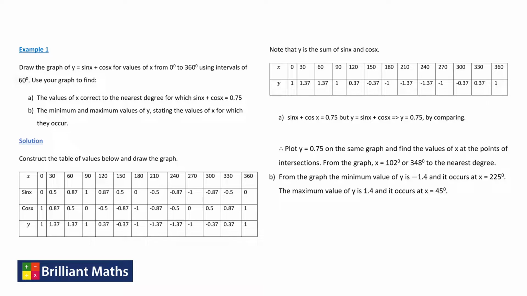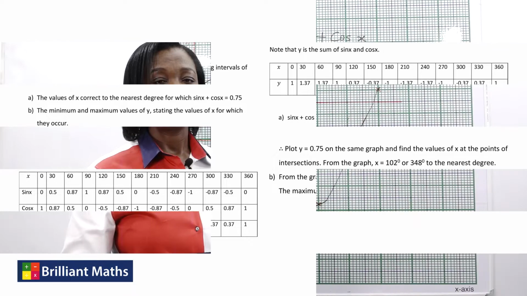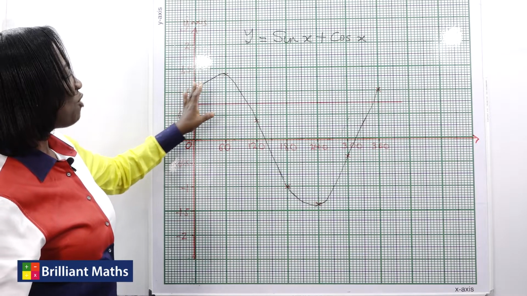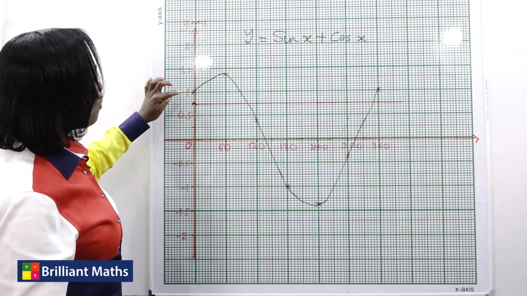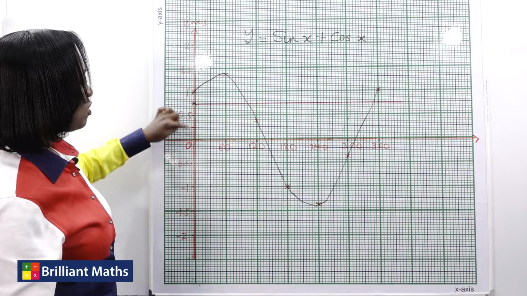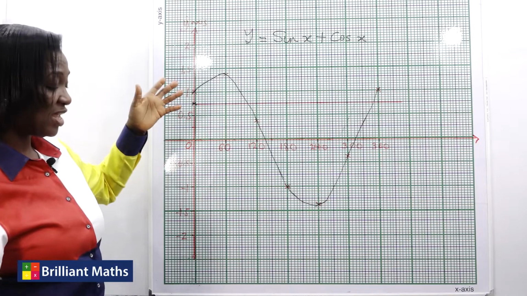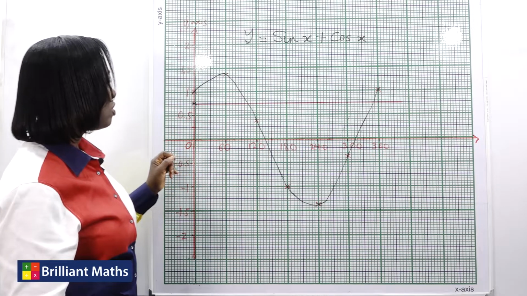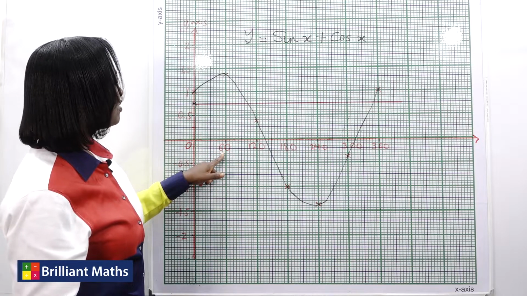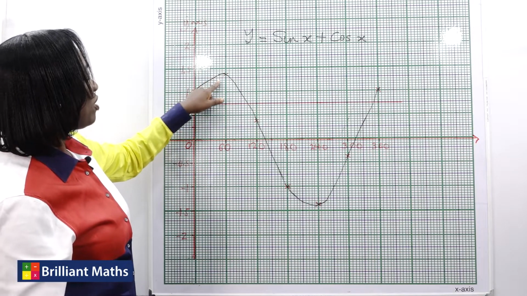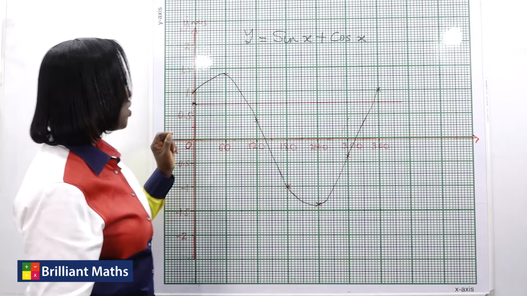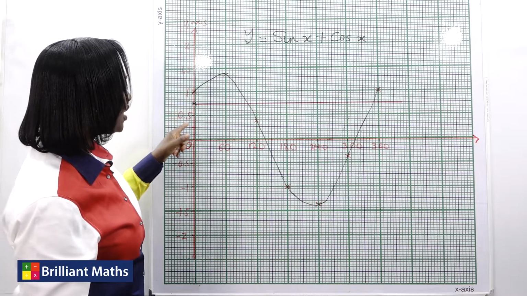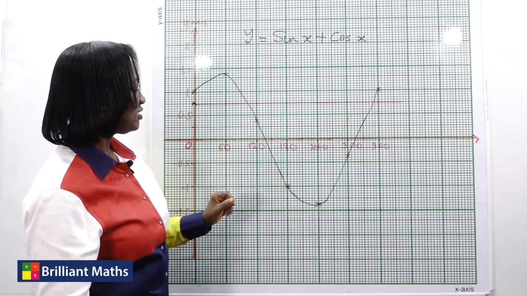So that is what we have plotted on the board. Let's look at it. So that's the graph of y is equal to sine x plus cos x. When x is 0, y is 1, as you can see from the table. When x is 60, y is 1.37. When x is 120, y is 0.37.